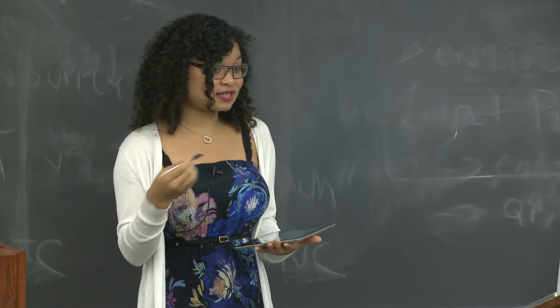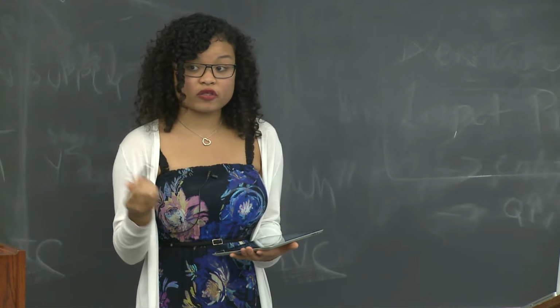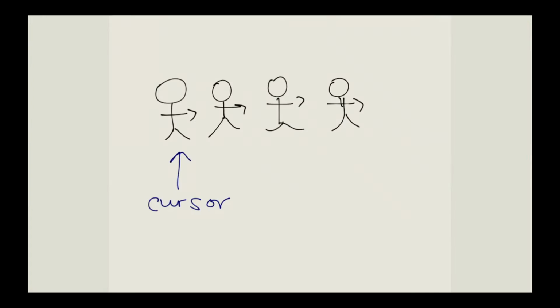To get to the actual node that the cursor is pointing to, we usually indicate it by star cursor. That would give you the actual node that the cursor is pointing to. After that, we want to access whatever that node's next value is.